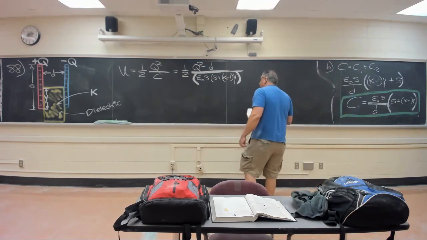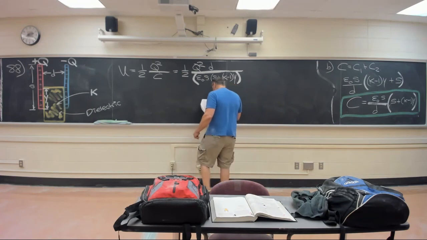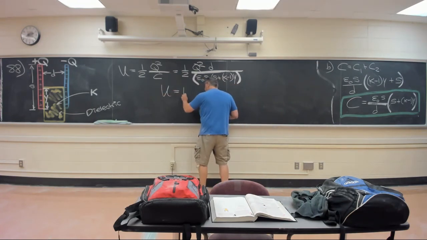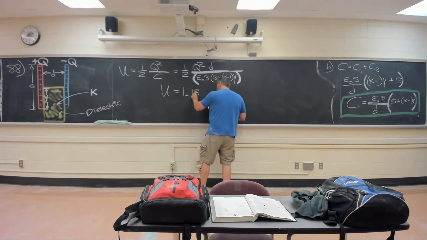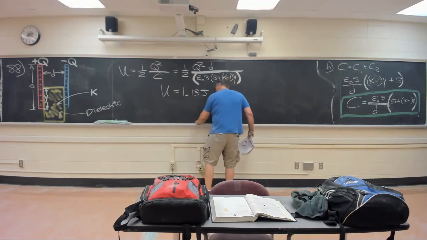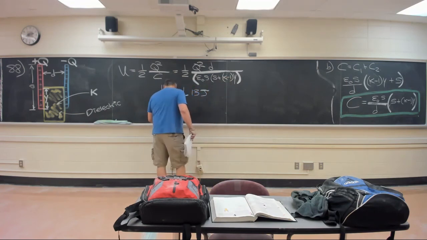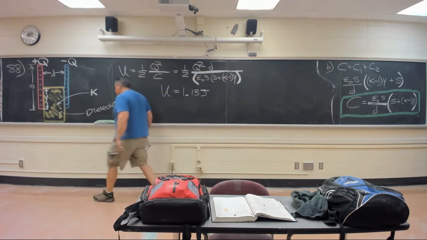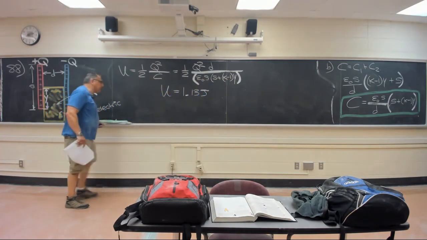Plug in all the values that they've given us. And when we do so, that's what's stored. There's a number of ways to finish that off too, guys. But we got this.